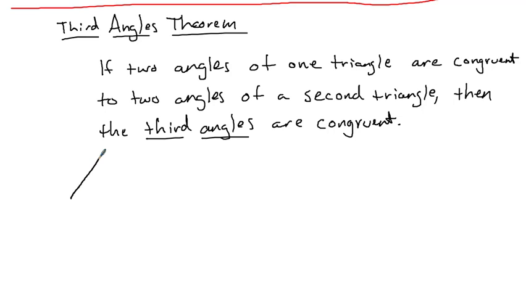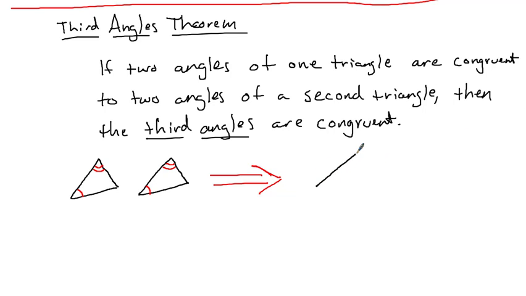So a little visual of what that's going to look like. So we're going to have 2 triangles. And in those 2 triangles, if we know that these 2 angles are congruent, and we know that these 2 angles are congruent, then it has to make sense that the third angles are congruent.